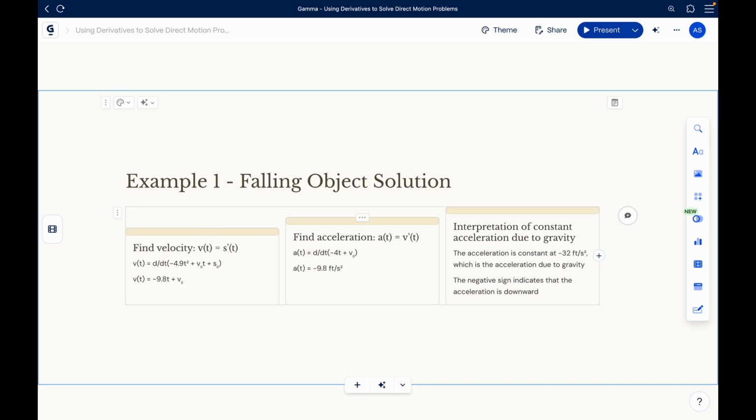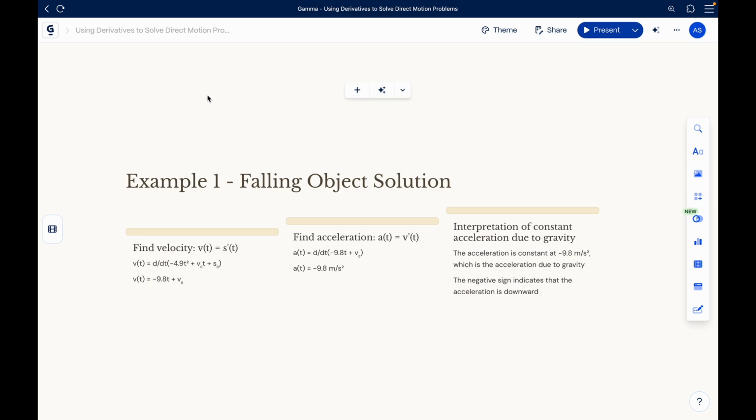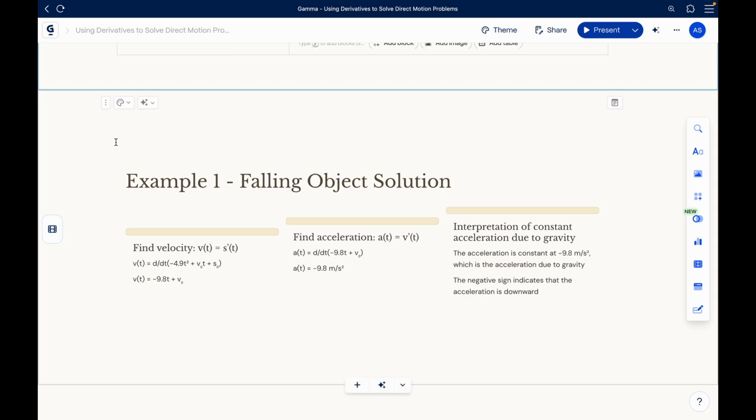So this is pretty much just the acceleration, and the 16 and 32 in fact are just that, except in feet and not meters. But on pretty much all physics tests and exams, they'll ask you to use meters, so it's more important to memorize the negative 9.8 meters per second squared acceleration due to gravity, in case you're studying physics at all.